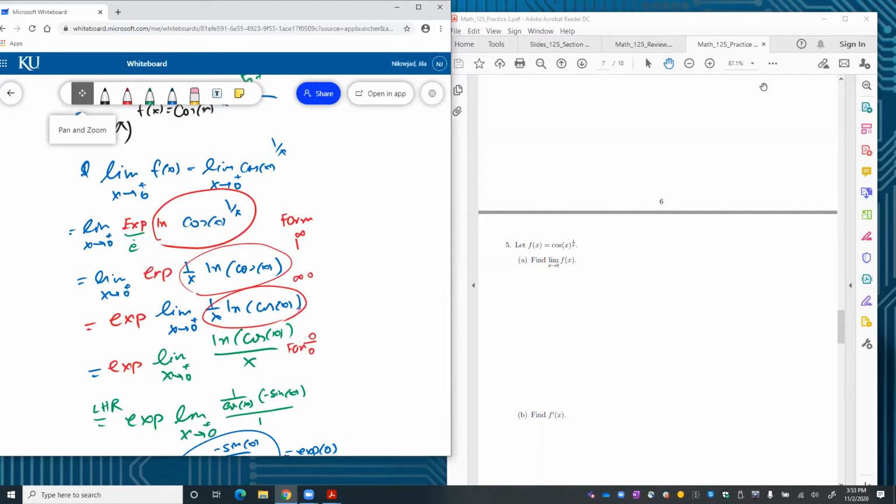So if I just did x goes to 0, would that be incorrect? No, it's not incorrect. Both of them work the same, but the form of one is 1 to infinity, the other one is 1 to negative infinity. If I change this to negative, then it's 1 to negative infinity. What happens if you just did x to 0 and didn't approach from the left or right? It doesn't matter. It's all the same. The work is the same for both sides.